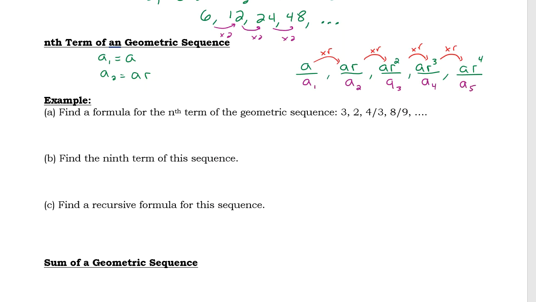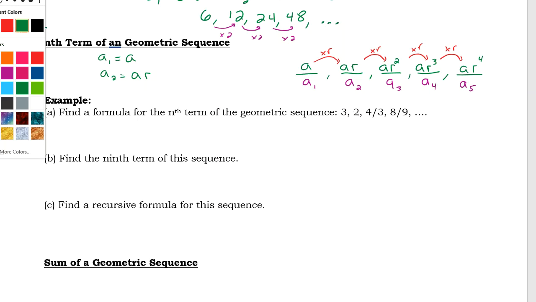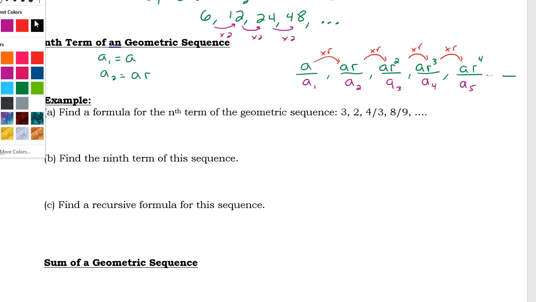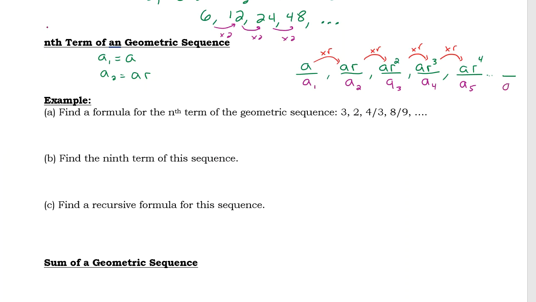How could we write out the nth term? What would the nth term look like? A sub n. Well, we would definitely be starting with a, and then we would be multiplying that by r to what power? Do you see it? The power is 1 less than the term number.